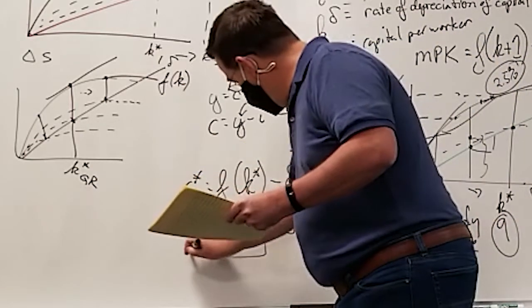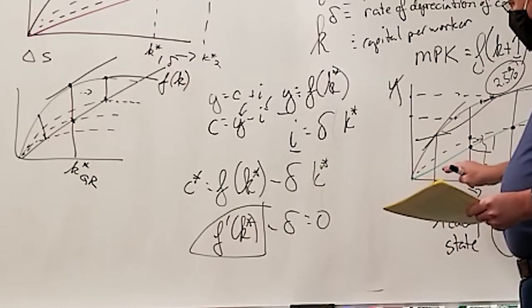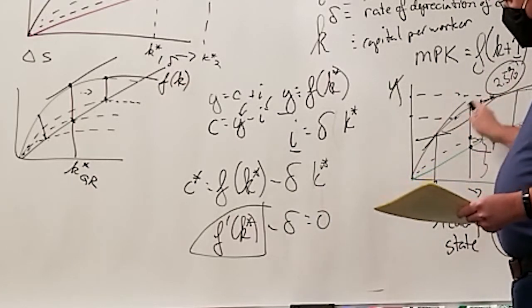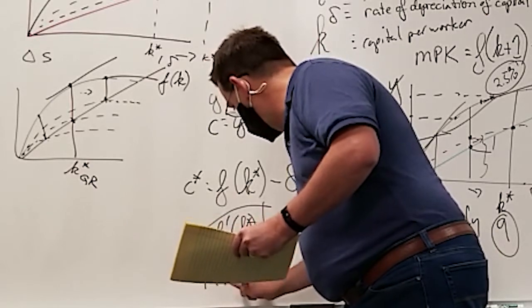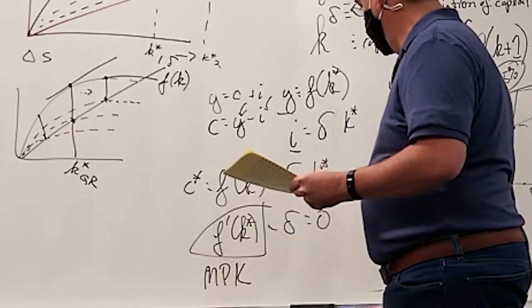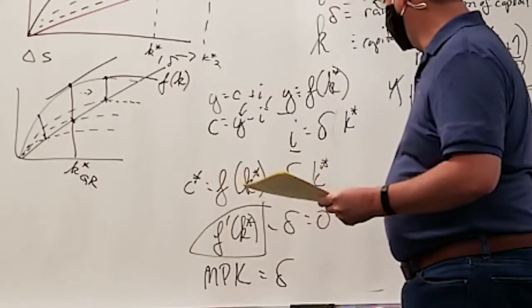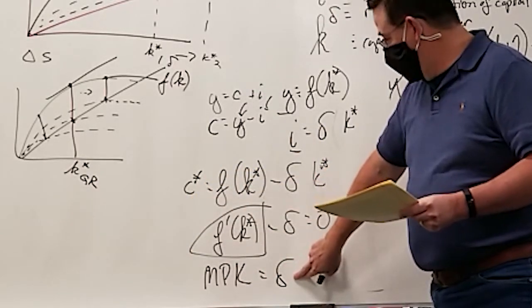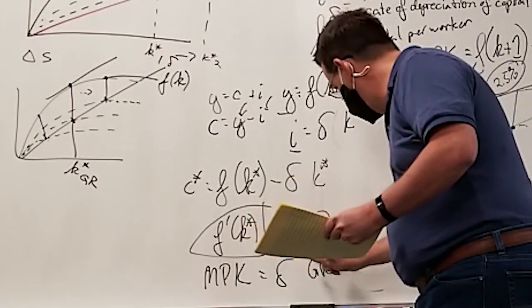And this term, the rate at which output is growing, is equal to what we have called the marginal productivity of capital. And so the marginal productivity of capital is equal to delta, is where we would reach the golden rule level of capital.